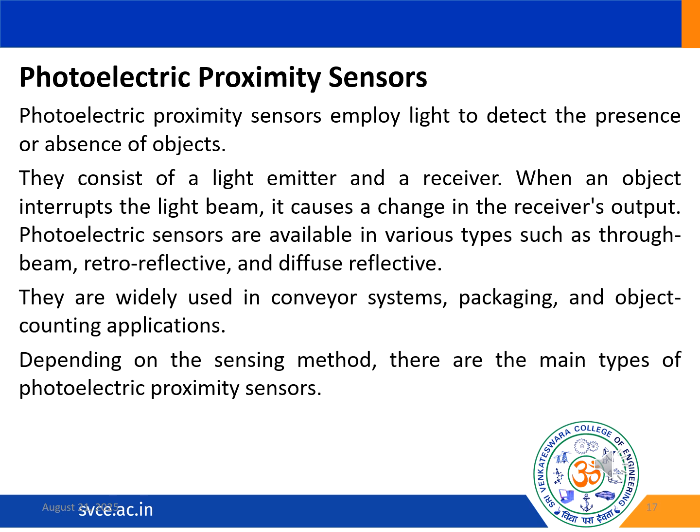So moving on to photoelectric proximity sensors. In this kind of technique, photoelectric proximity sensors employ light to detect the presence or absence of objects. Based on the light, it detects whether the object is present or not, right?